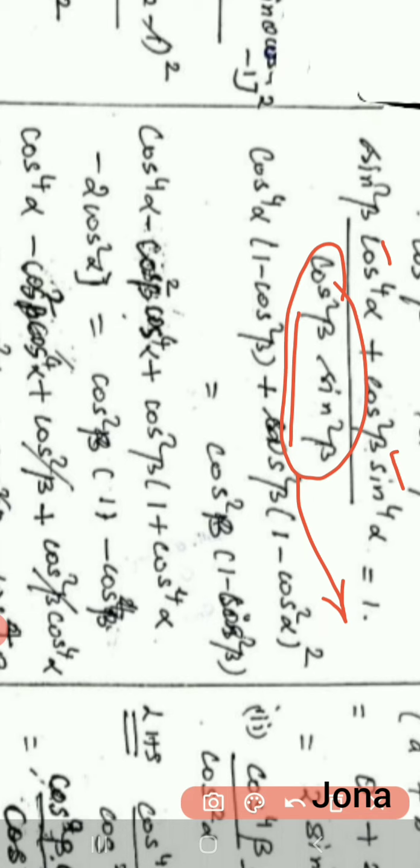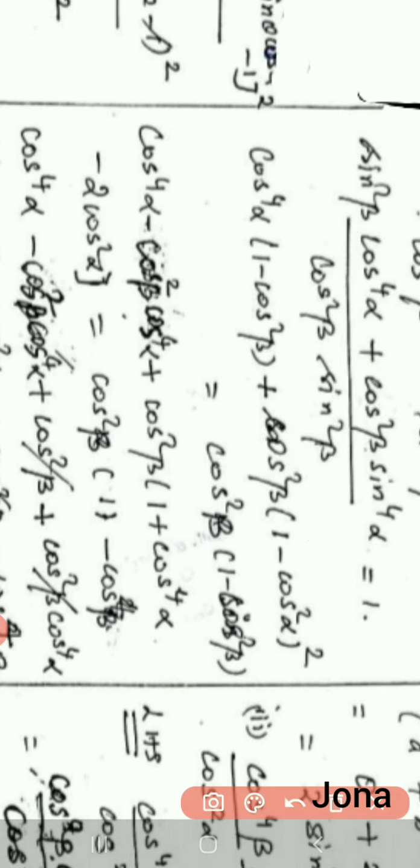Here the denominator I want to cross multiply and we can take to the other side. And one more thing, the sin terms I want to convert into cos. Okay, I want to convert the sin terms into cos.